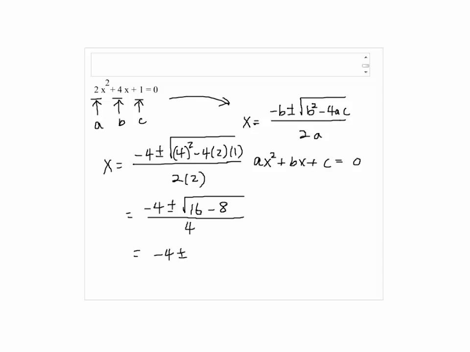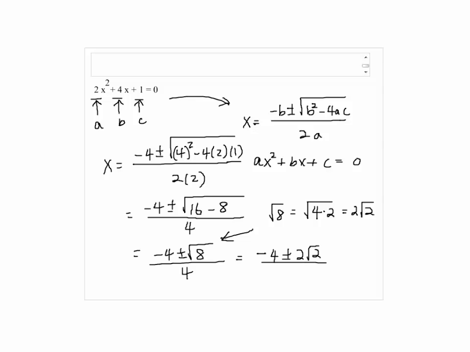So it will be negative 4 plus or minus the radical 8 over 4. Now the square root of 8 could be written as the square root of 4 times 2, which is 2 radical 2. So we have negative 4 plus or minus 2 radical 2 over 4. So by simplifying, we have the answer negative 2 plus or minus radical 2 over 2.